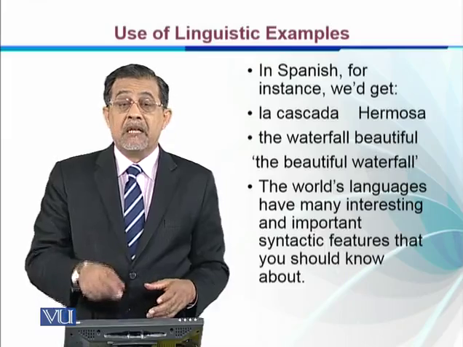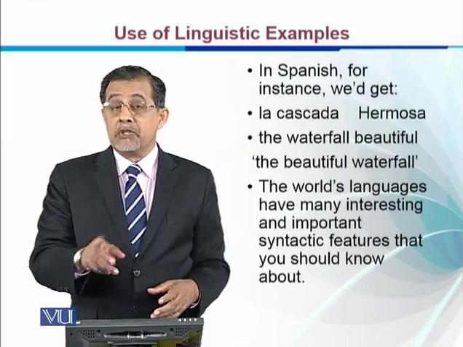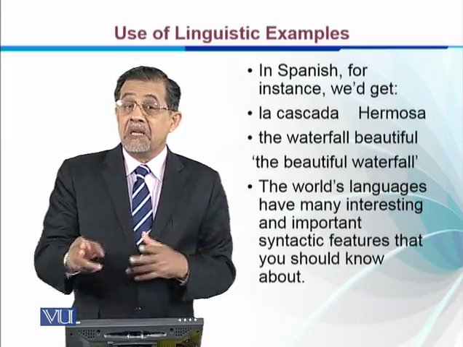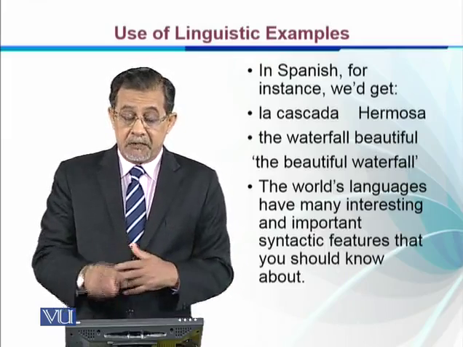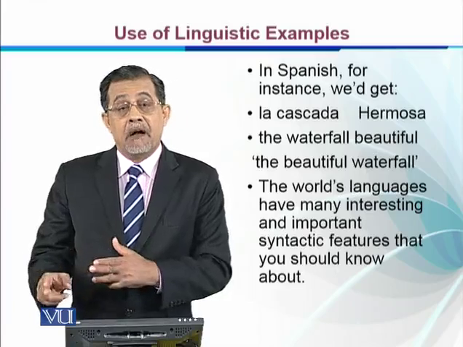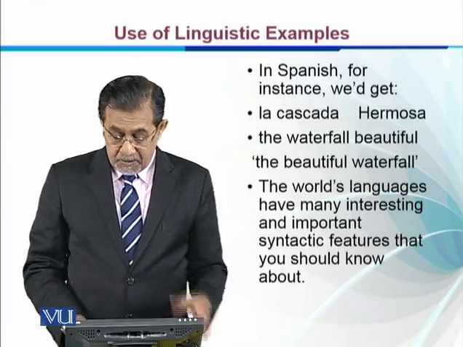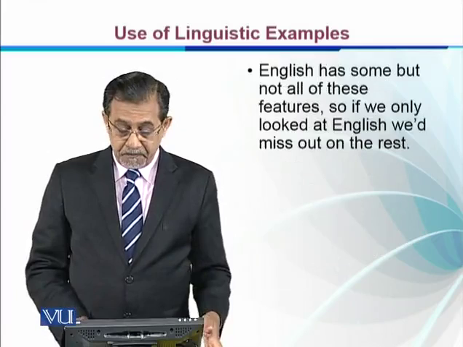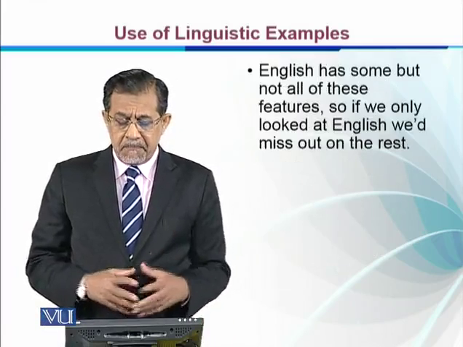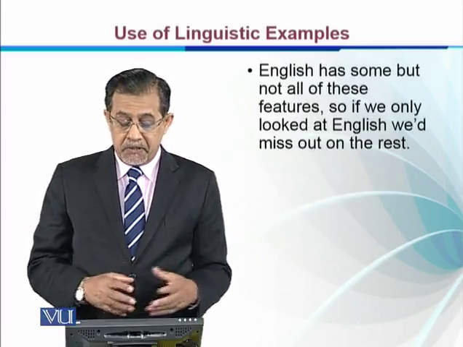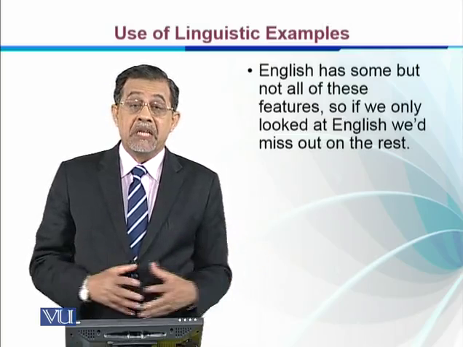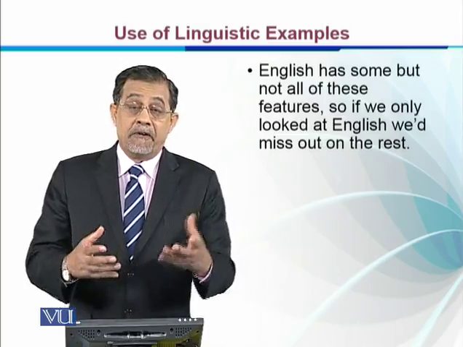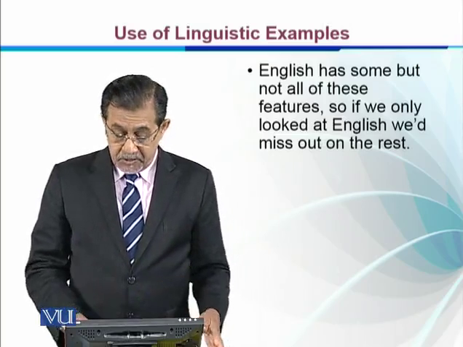As we have seen, in German and English the adjective precedes the noun, and in Spanish the adjective follows the noun. But what about the article? English has some, but not all of these features. So if we only looked at English, we'd miss out many features of other languages.